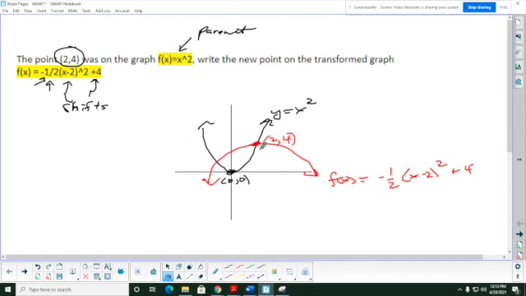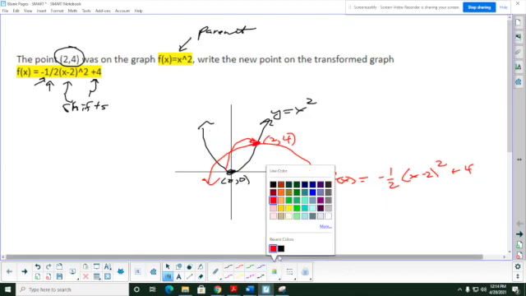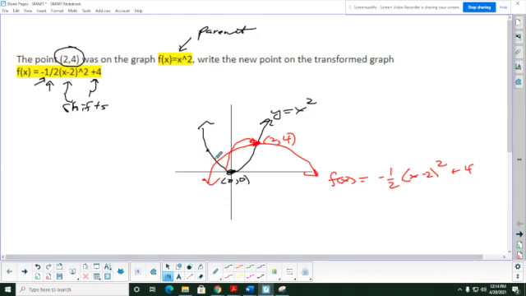Just like how the vertex on the parent function corresponds to a specific point on the transformed graph, you can follow any point on this graph. Where does this point end up?